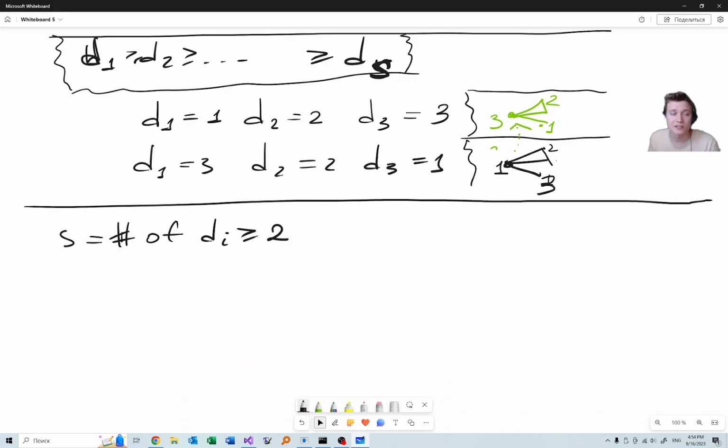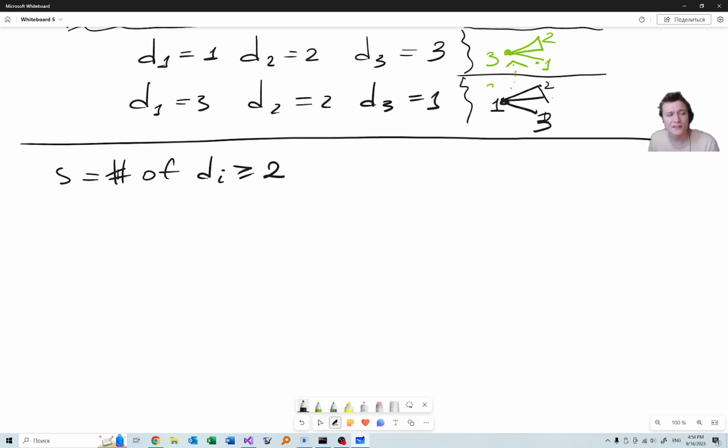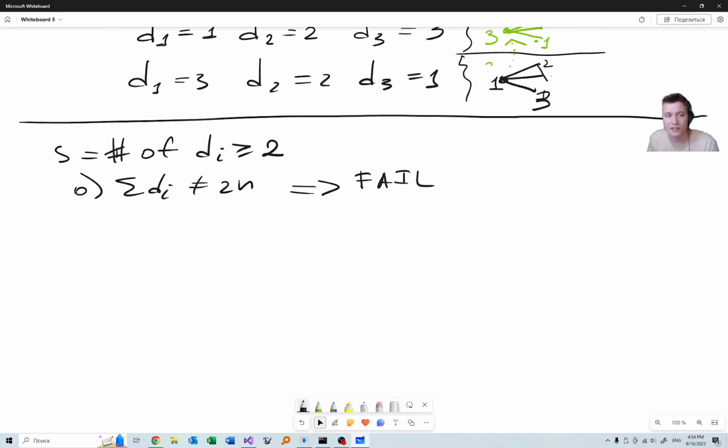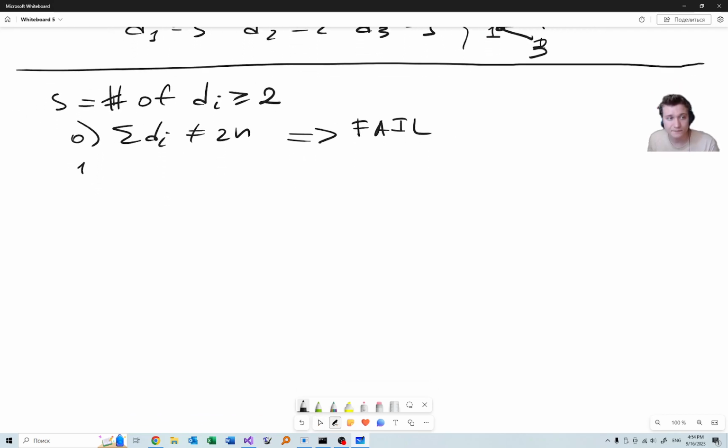So now we have several cases. So the first kind of obvious case. The 0th case is the sum of the degrees is not 2n. We have checked that. And if that is true, this is a fail. Okay, next case.